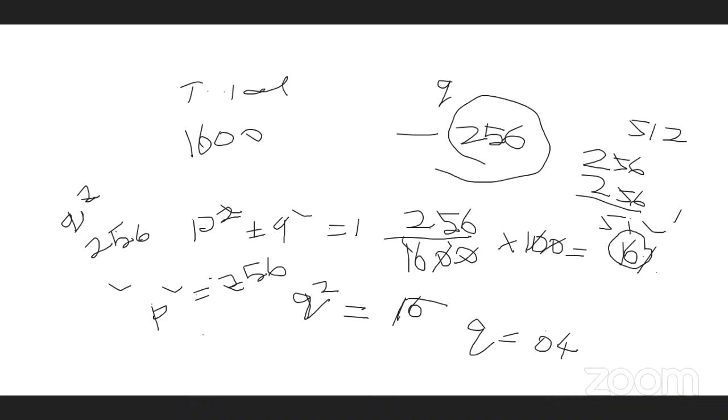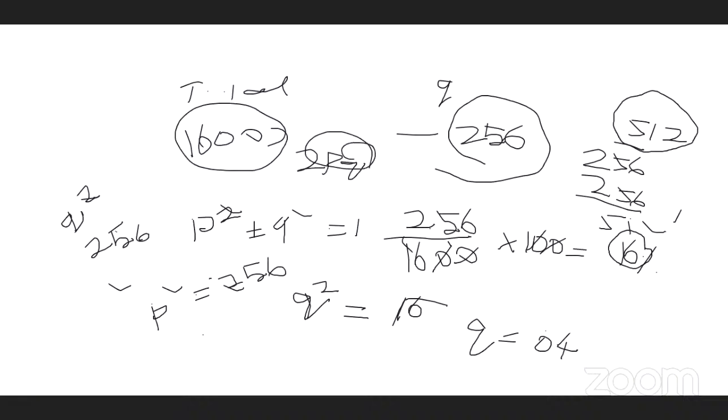This one is the total of P squared as well as Q squared. We need PQ, isn't it? To calculate PQ, you have to subtract this from the total, which gives 2PQ.